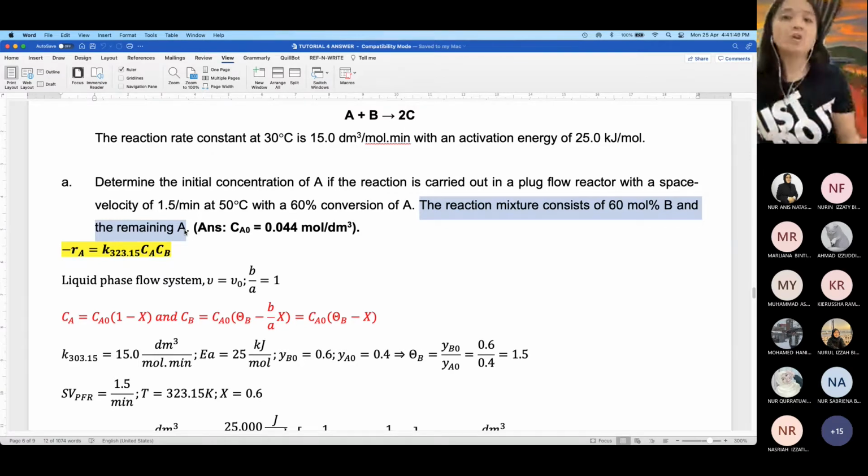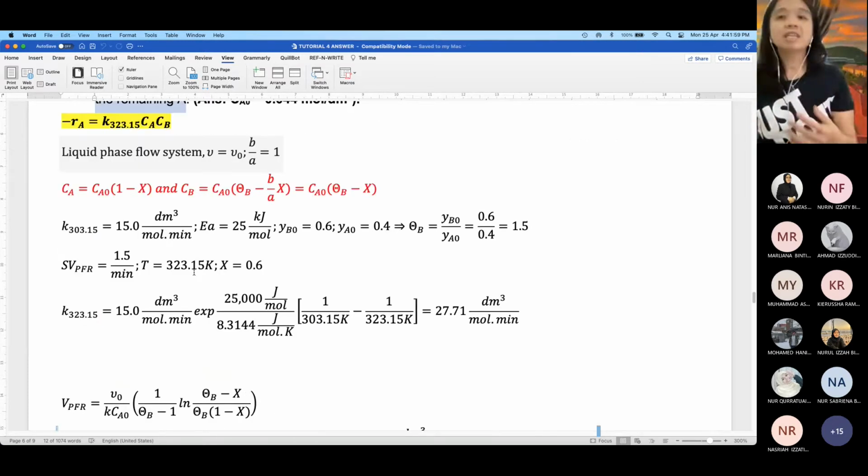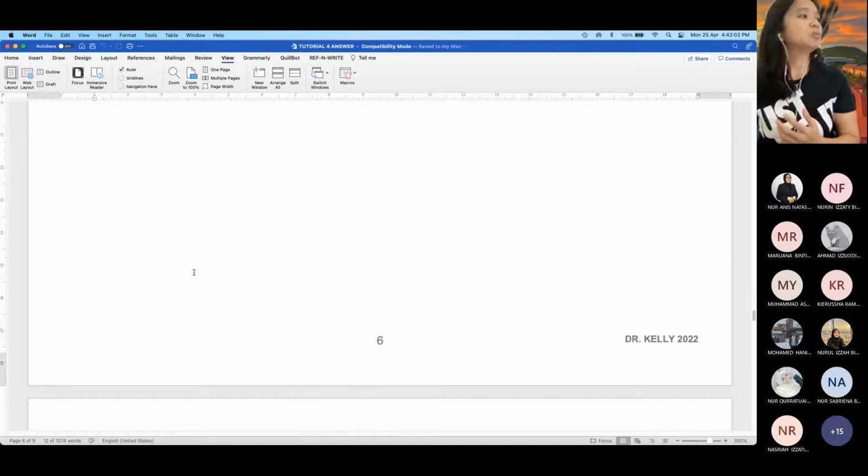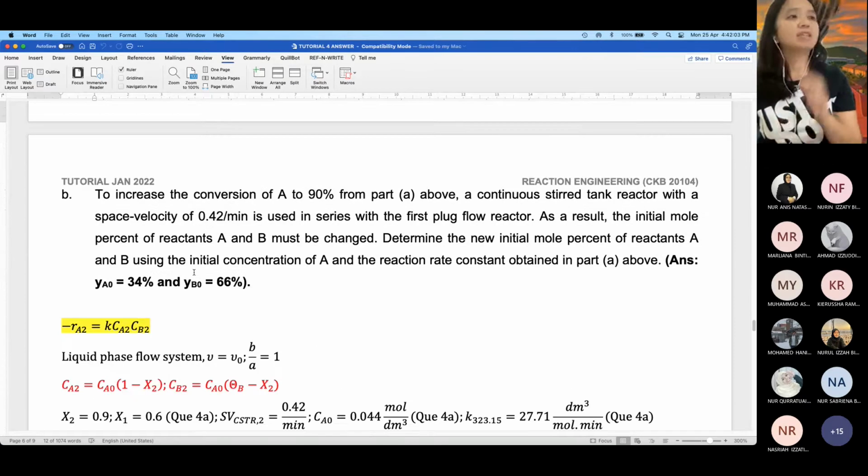Means I can no longer use 60 mole percent B and 40 mole percent A. I have to change this mole percent. Kalau saya nak mencapai 90% pada reaktor kedua, dan syarat dia space velocity untuk reaktor kedua ni, yang CSTR ni mesti 0.42 per minit. Okay, so dia kata lagi, certain parameter kita boleh maintain. Means initial concentration of A kita boleh maintain.